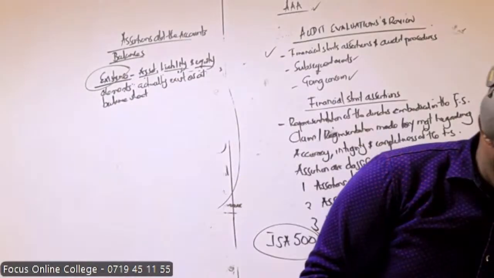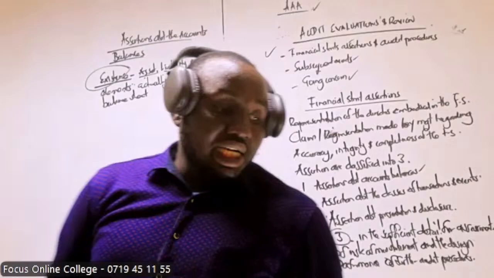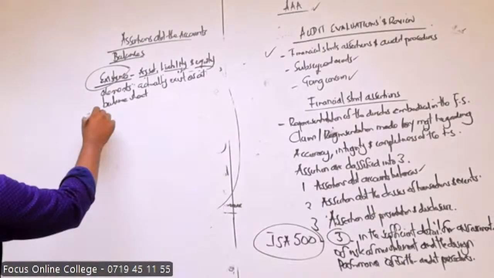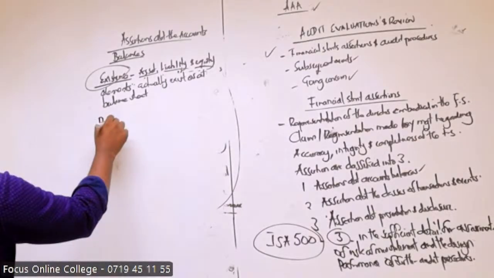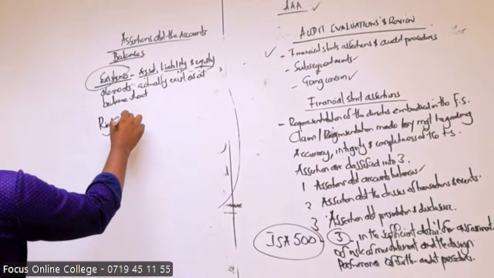So we have the second, we call it rights and obligation. The second assertion on account balances is rights and obligation.